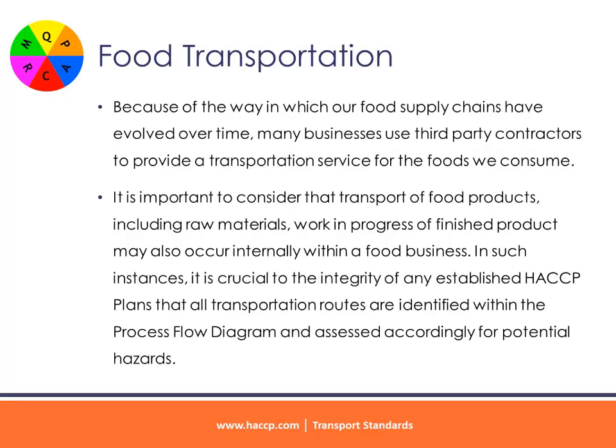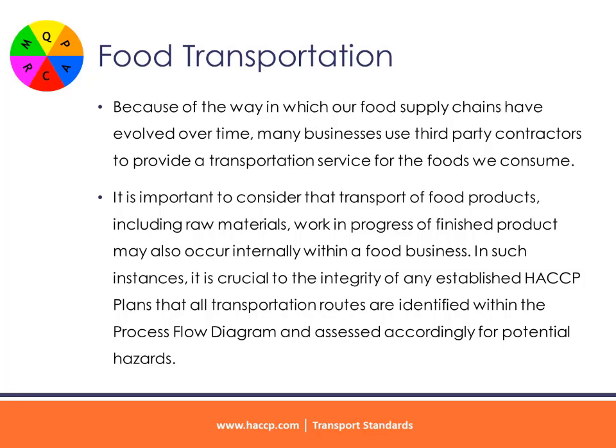Because of the way in which our food supply chains have evolved over time, many businesses use third-party contractors to provide a transportation service for the foods we consume. It is important to consider that transport of food products, including raw materials, work in progress or finished product may also occur internally within a food business.